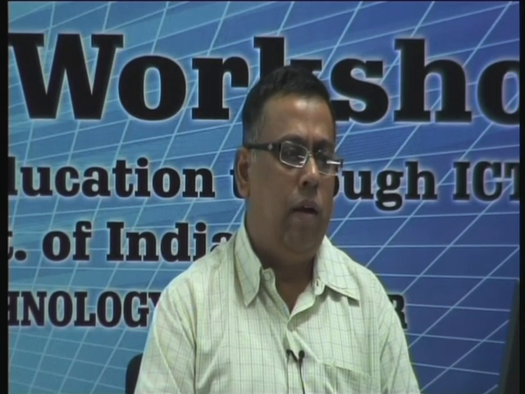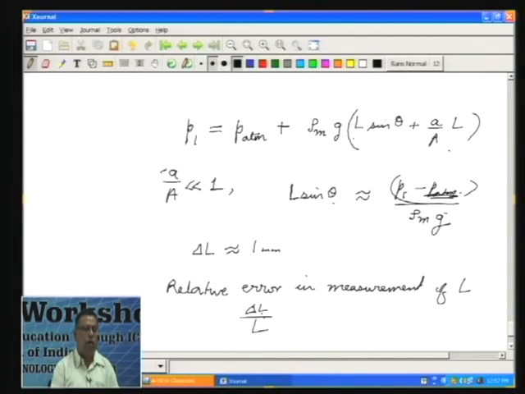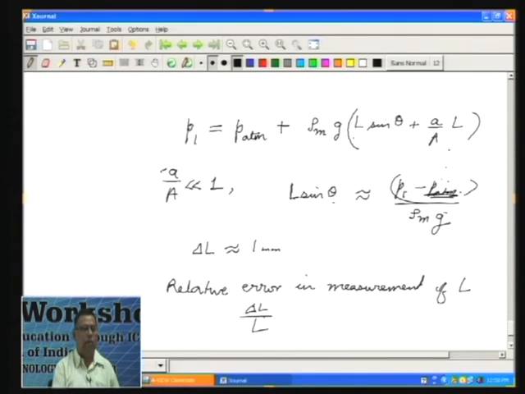So, the measurement of the pressure is going to be more accurate, and that is why this is commonly used in the lab, and it is a very simple apparatus. Now, of course, when you do the calculations, you need not neglect this a by A times L term. This I have neglected just to explain how the sin theta is making the measurement more accurate.